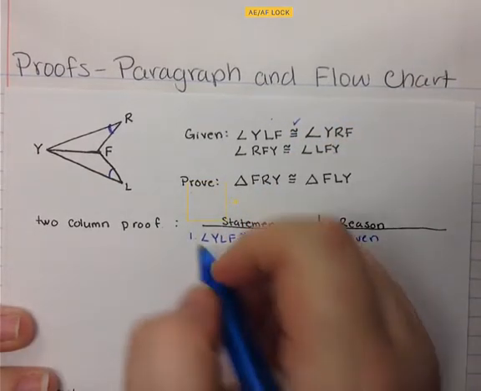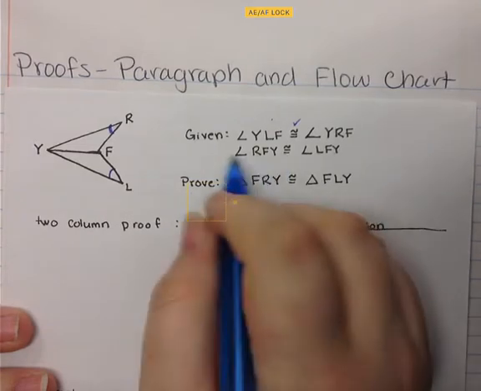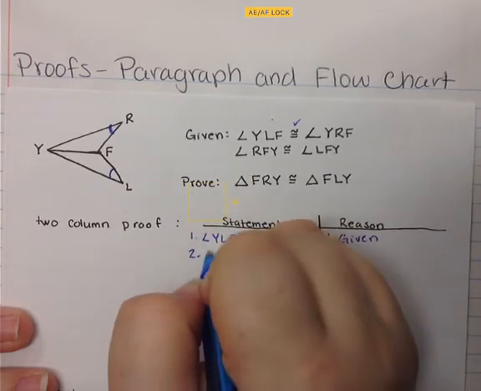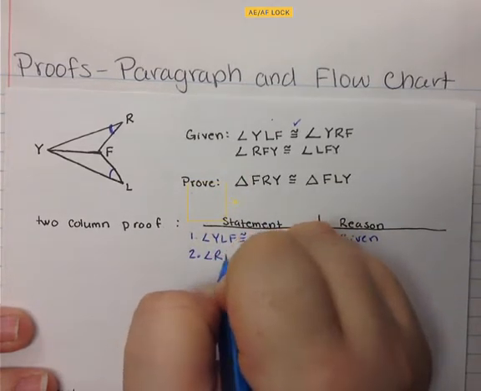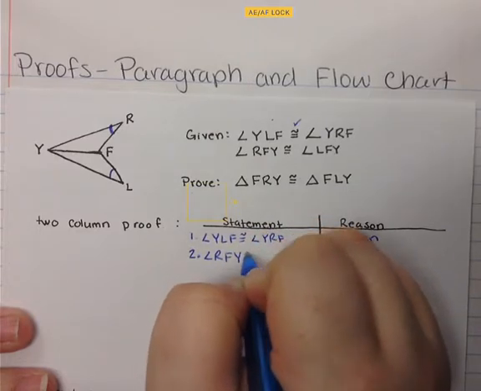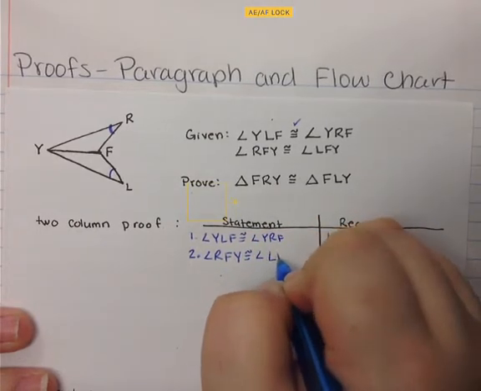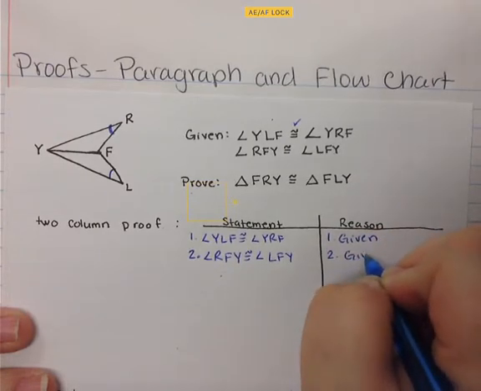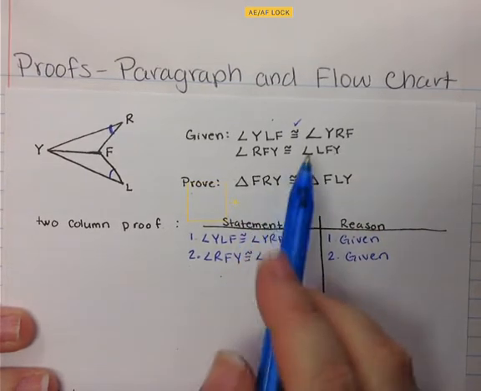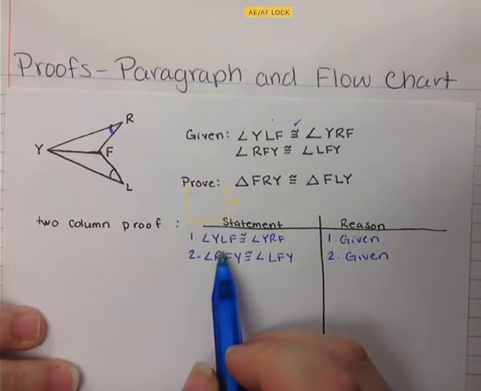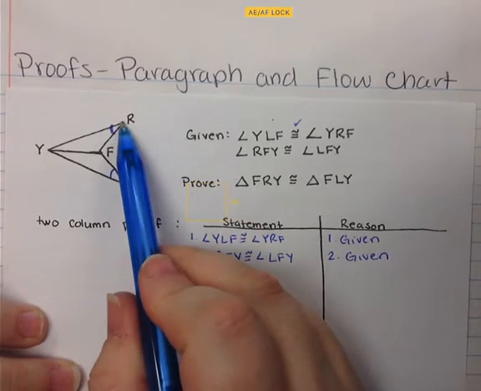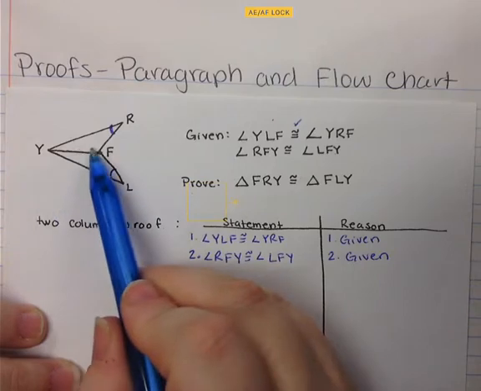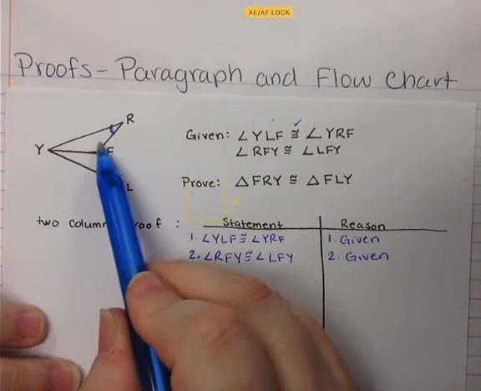My next statement, since I still have another given, I'm going to write that. So angle RFY is congruent to angle LFY. For reason 2, it's given, because it was given. So angle RFY. So F here. F is where we want it, but it's in this triangle.